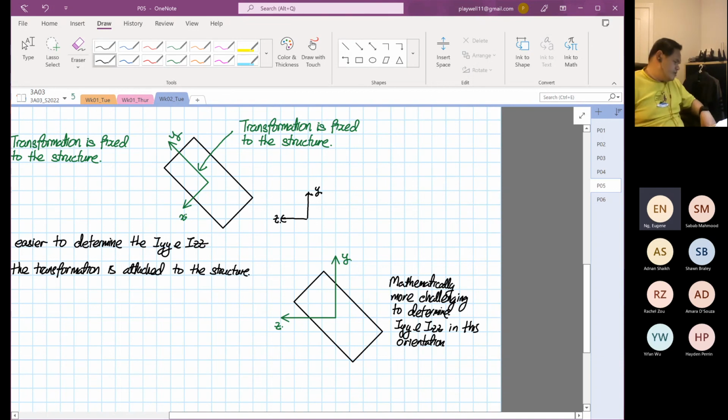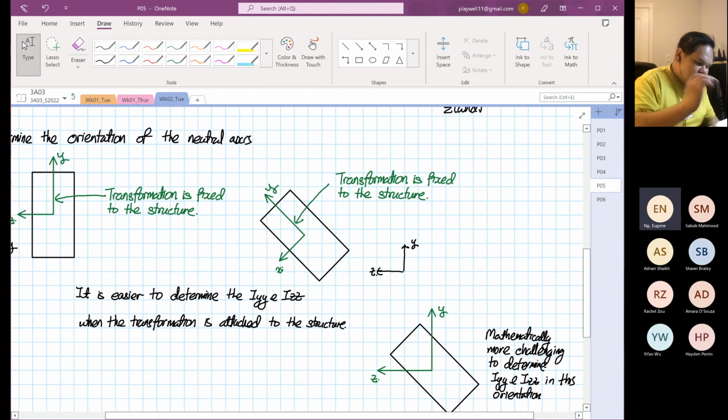That is why the transformation will always be attached to the structure.